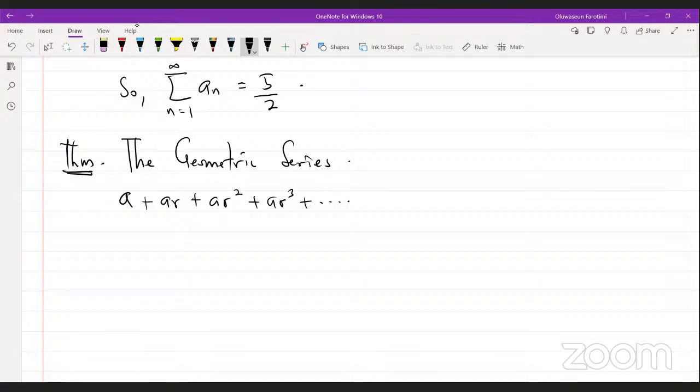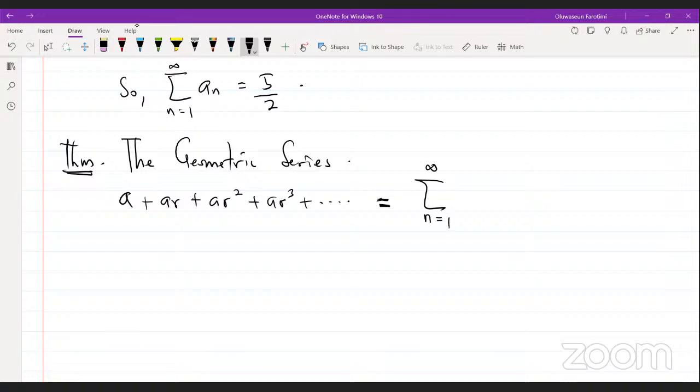If you continue on and on, I can write this using the sigma notation. Now, how do I use the sigma notation? Of course, I know it's an infinite sum, so I can start n from 1 to infinity.